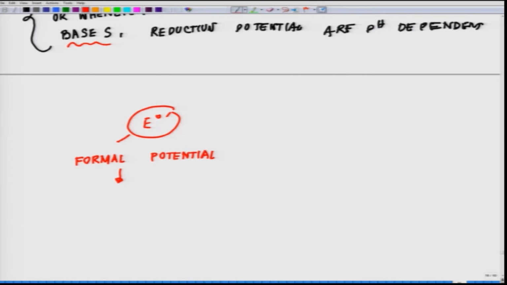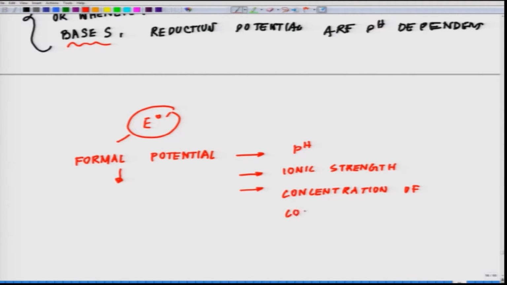It is a reduction potential that applies under a specific set of conditions, which includes pH, ionic strength, and concentration of the complexing agent. At this point, you people have to remember these three aspects.